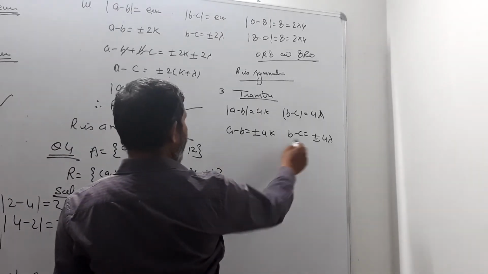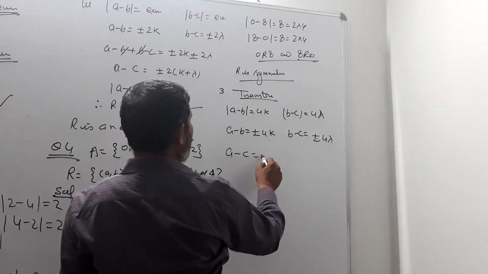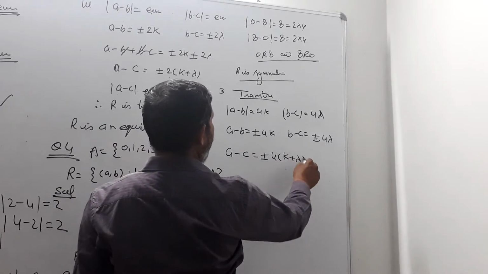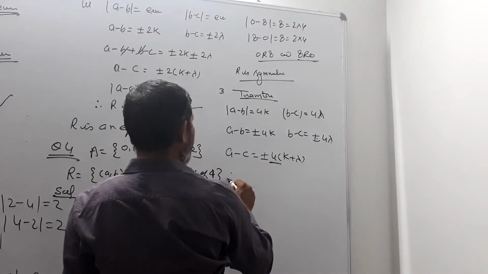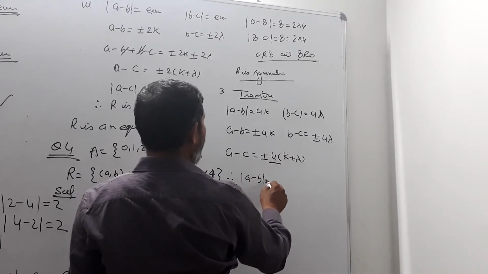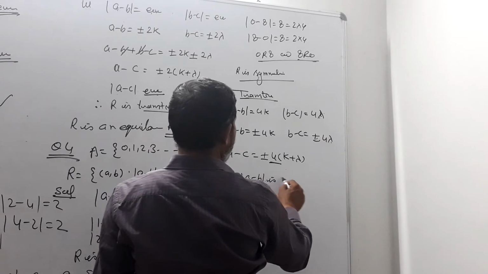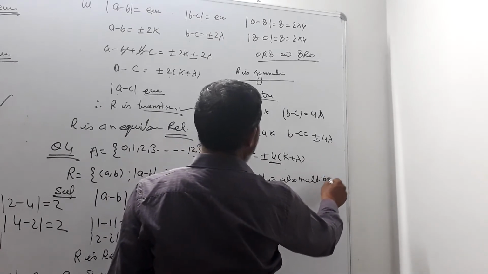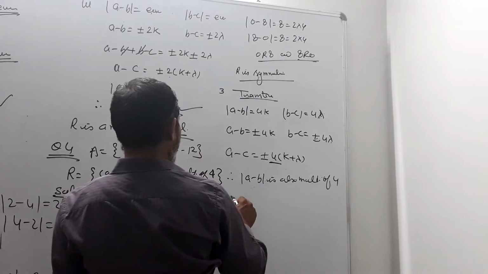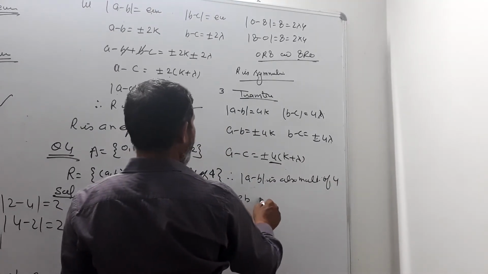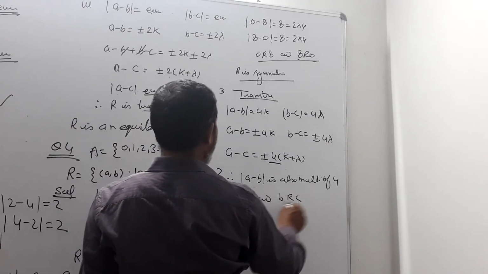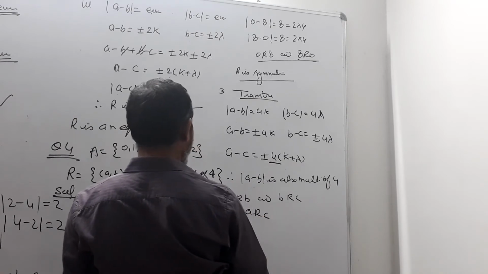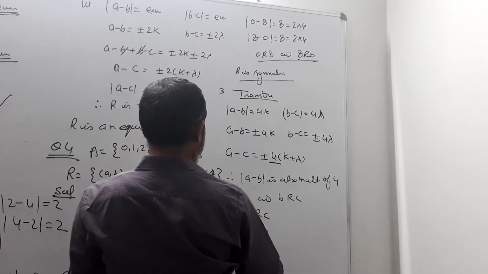Then adding these two, a minus c equals 4 times k plus lambda, it is also a multiple of 4. Therefore, mod a minus c is also a multiple of 4. So a is related to b and b is related to c, therefore a is also related to c. Therefore, R is transitive.